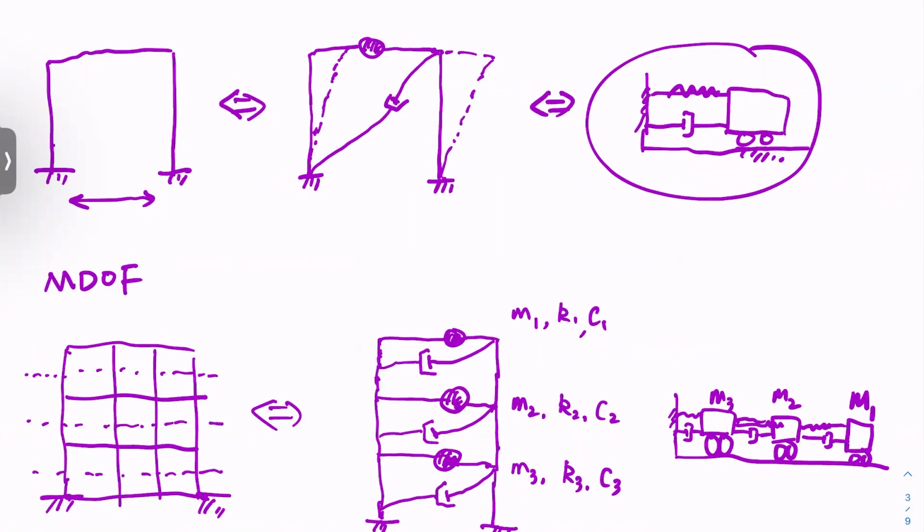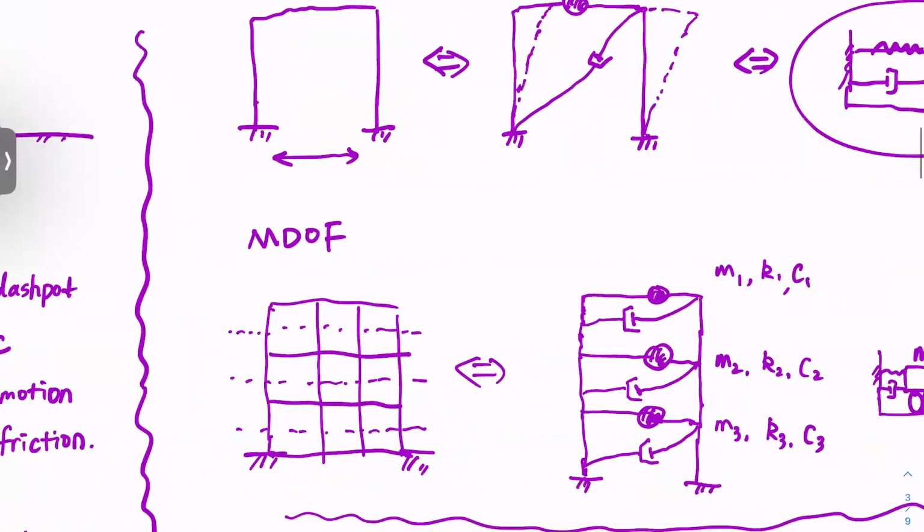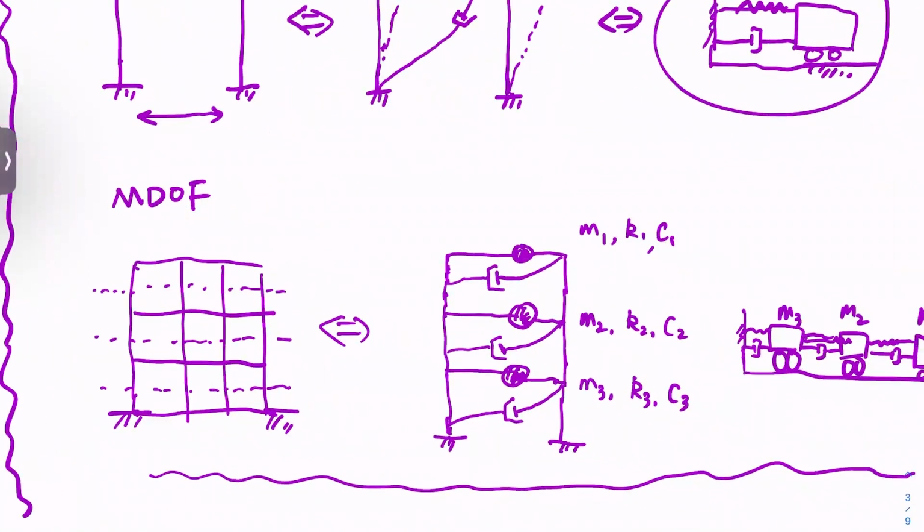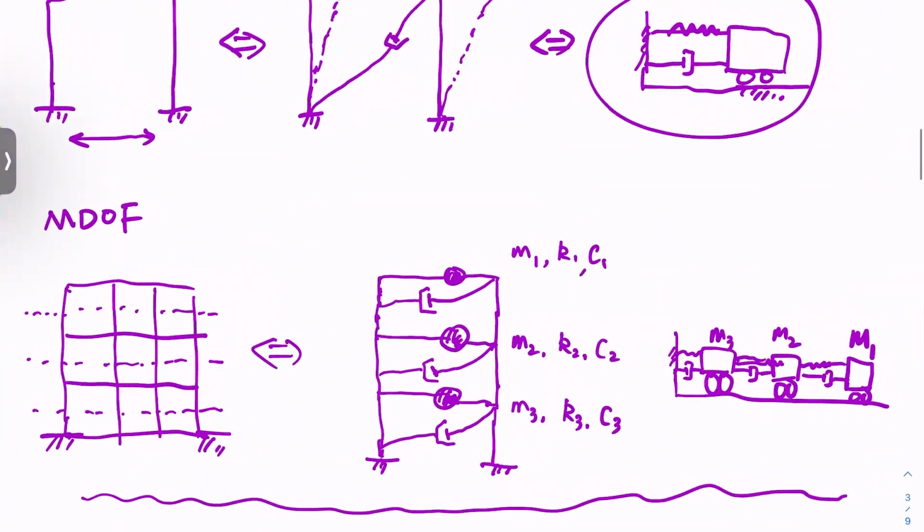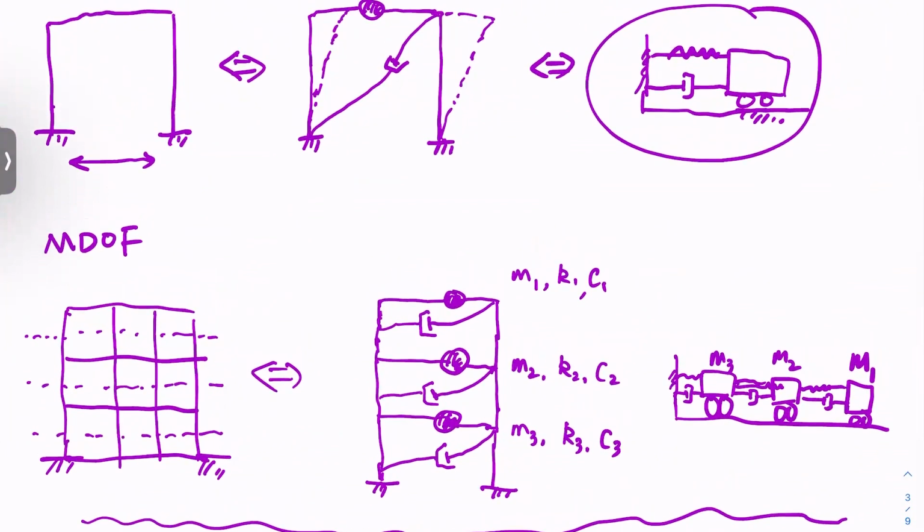So you definitely have to have a mathematical model to represent that. We talked about the difference between the single degree of freedom system and the multi degree of freedom system, and for this class, we're only gonna get into the SDOF system.